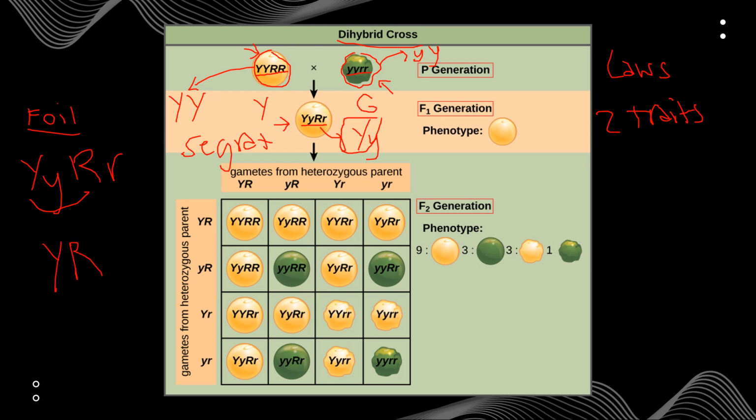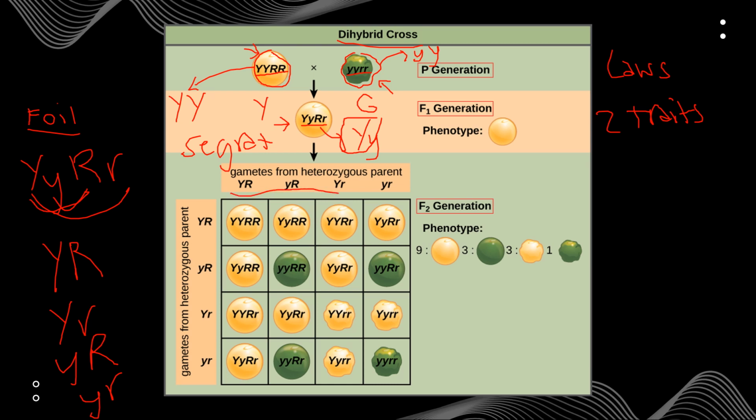Then, just like factoring, I would get capital Y, lowercase r, and then lowercase y, capital R, and lowercase y, lowercase r. Those are the four different gametes that this seed can possibly pass down.